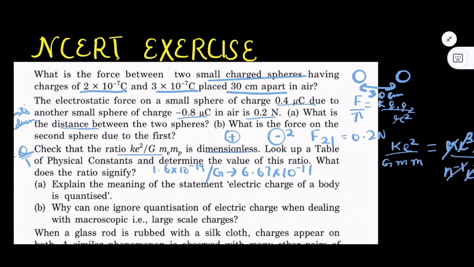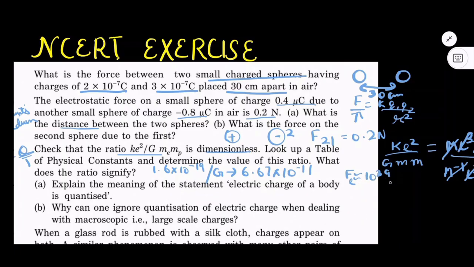Mass of proton also you have to substitute. So you will get to know that the ratio is approximately equal to 10 raised to power 39 times.